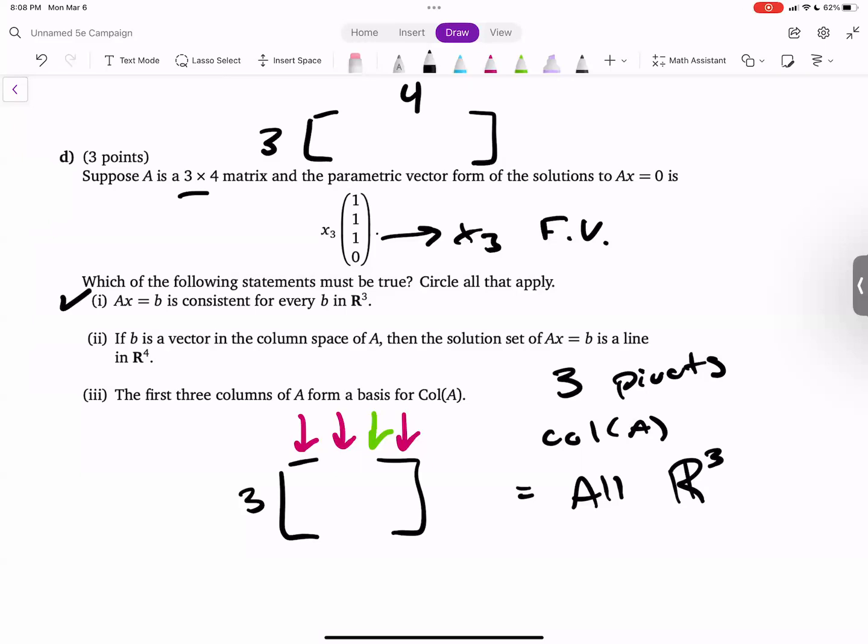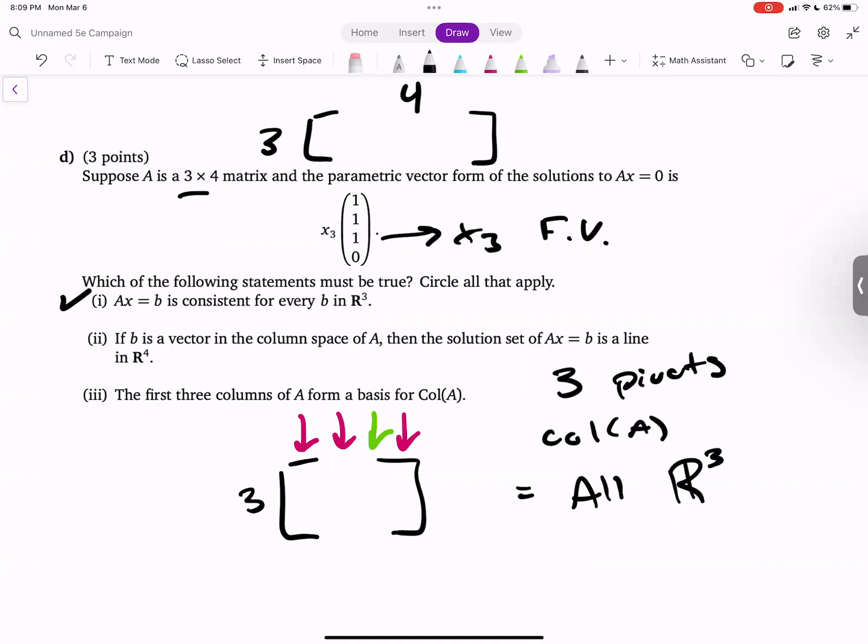If B is a vector in the column space of A, the set of solutions to AX equals B is a line in R4. True or false? Why? I read this question wrong, I'm not gonna lie.